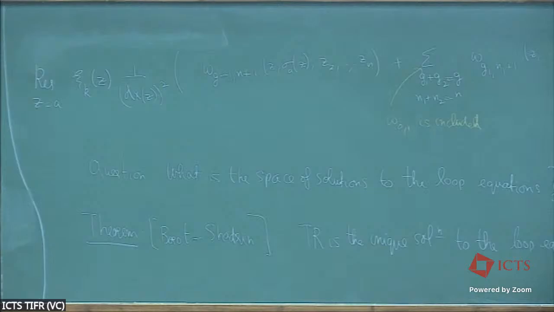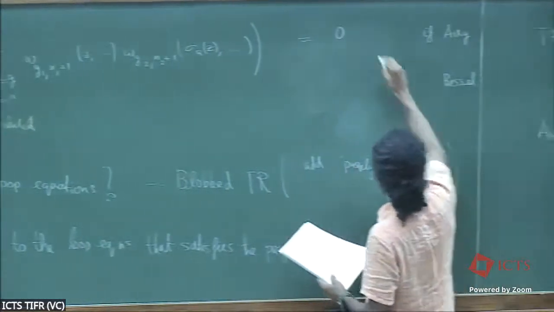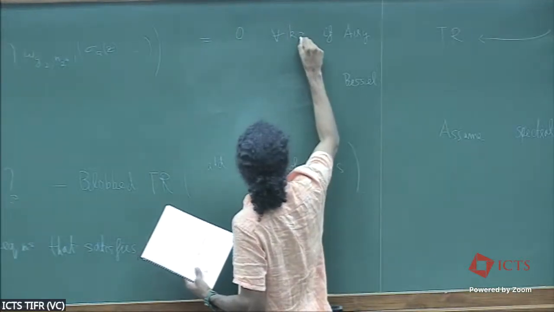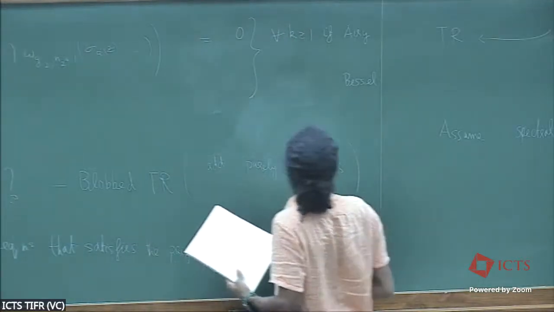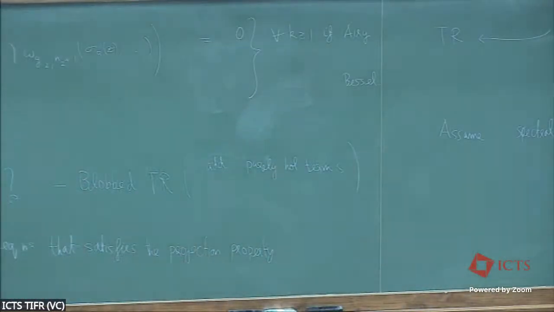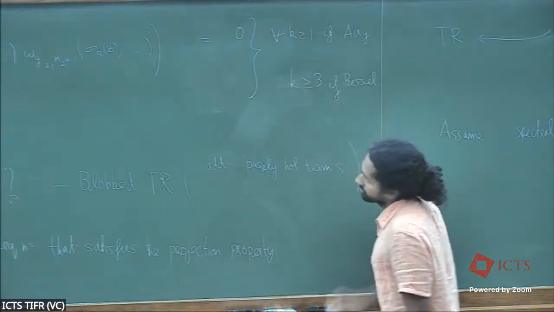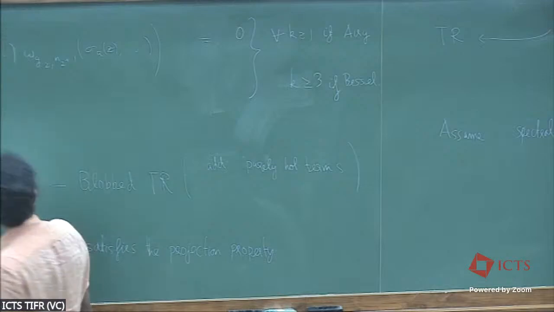If Airy type, remember, is holomorphic, so it's going to be 0 for all k that's at least 1. And if it's of Bessel type, then it could have a double pole, so I have to start at least at k equals 3 to not see this pole. All right, so far so good.